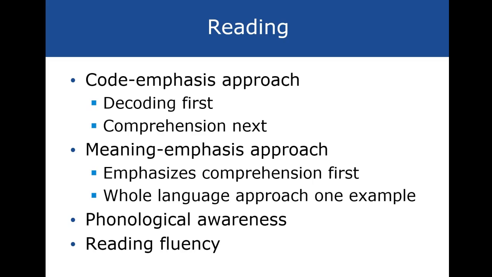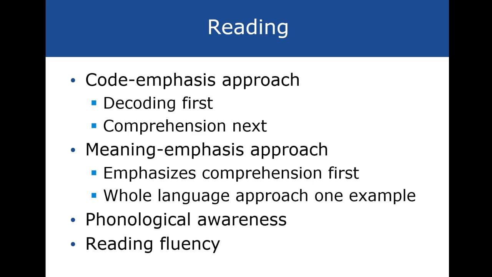So when you're teaching reading, there are a couple of different ways to approach it. The code emphasis approach is the phonics way, where you decode the words, and you also mix in high frequency words. If you've seen a teacher using word families, all the "at" words, bat, cat, rat, that's part of code emphasis or phonics.